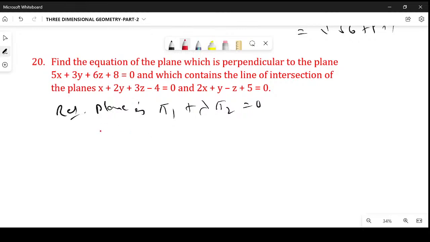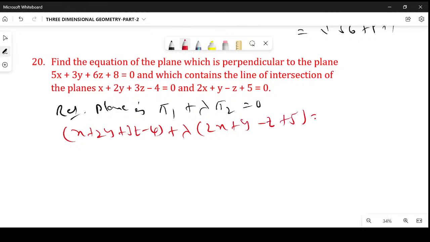So the first plane you can write x plus 2y plus 3z minus 4, plus lambda into 2x plus y minus z plus 5 equal to 0.